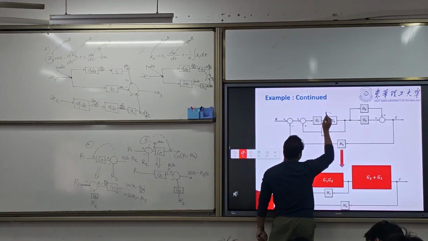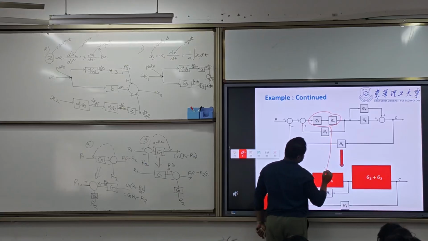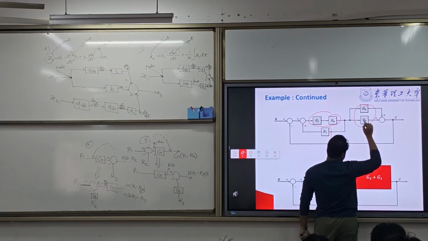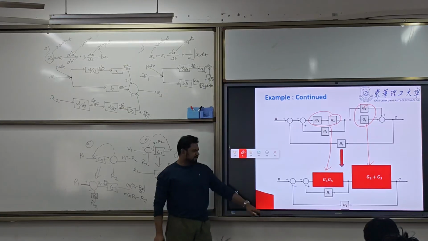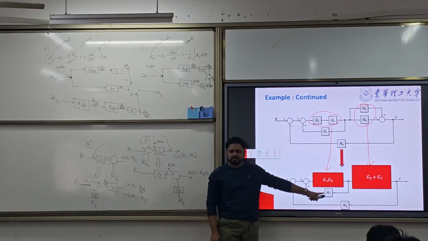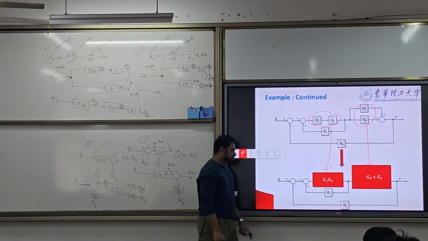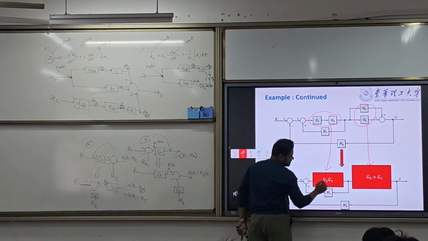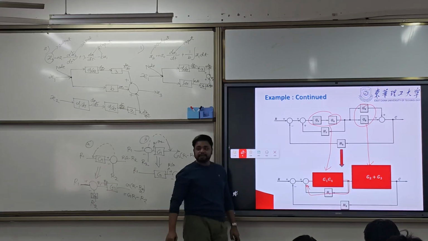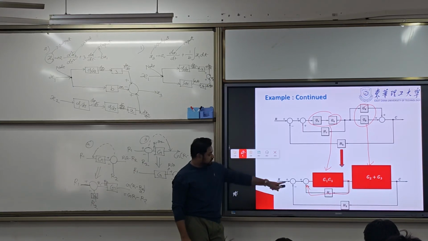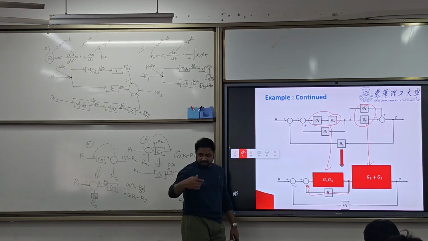This G1 G4 is reduced to this, and G2, G3 is reduced to this. You see, now our block is much simpler. Now what we need, look at this. It is a feedback. This one is a feedback.